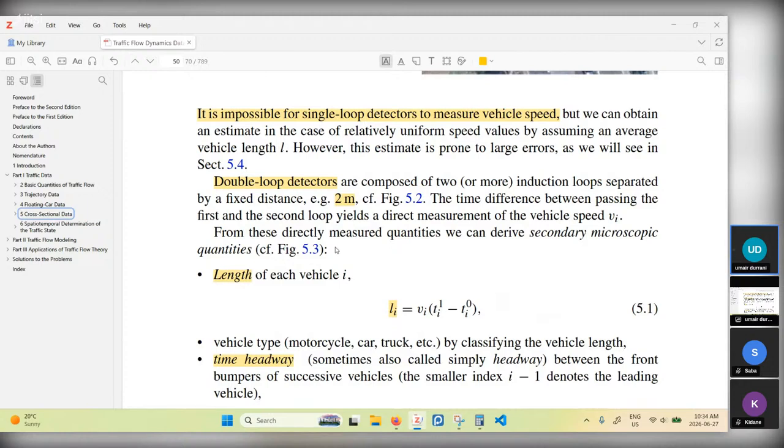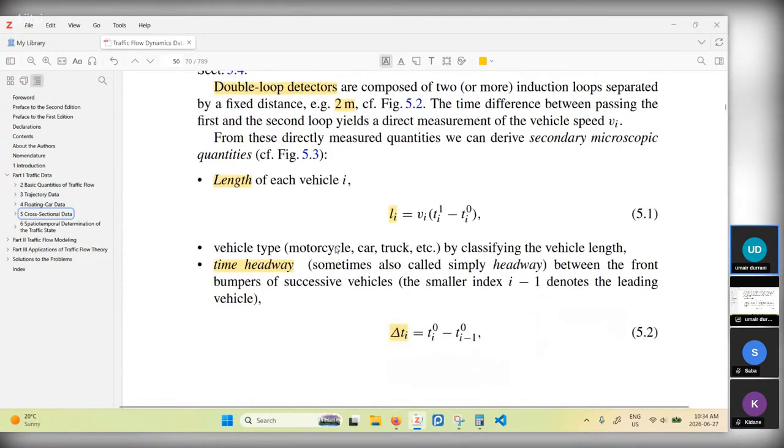So we get some of the quantities directly from the loops, but we can also get the secondary microscopic quantities. These are actually the directly measured quantities. The length of the vehicle can be measured because we are looking at TI1, which is the time when the rear of the vehicle has left the loop, and TI0 when the front of the vehicle entered the loop.